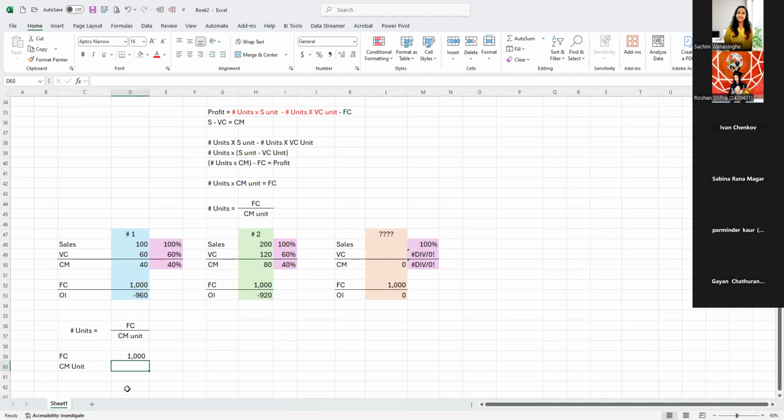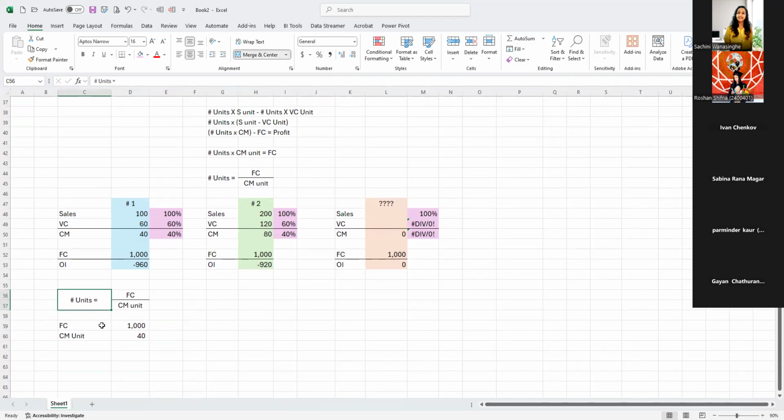How much is it? $40. So if I have those two, I should be able to easily calculate the number of units that I need to sell to get this one to 0, correct? Let's substitute in the formula and see what's going to happen now.